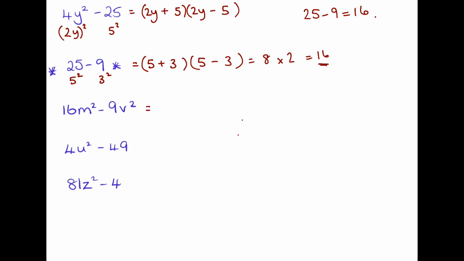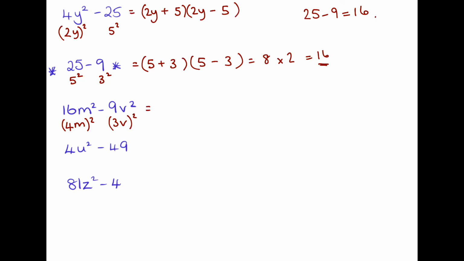Okay, so we need to look, is it a difference of 2 squares? So first of all, well, yes it is, because 16 is 4 squared and m squared is m squared. So that one's 4m squared. 9v squared, well, 9 is 3 squared and v squared is v squared.